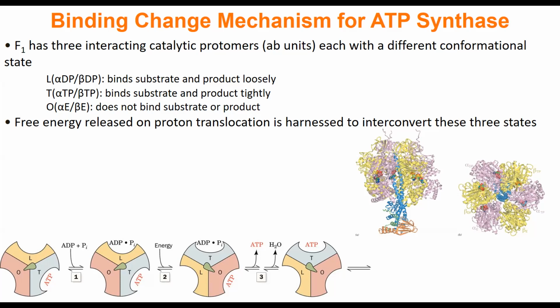So if we just focus on one alpha and beta pair, maybe it'll help if I do this with my hands. We start in the open conformation. Nothing is there. We go from open to loose, where we have ADP, my pen, and this lighter will be phosphate. So that's loose. We go to tight, smash these 2 together to make ATP.